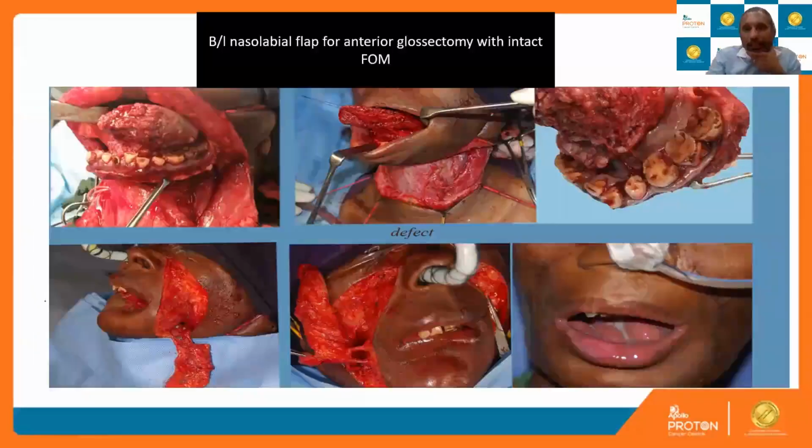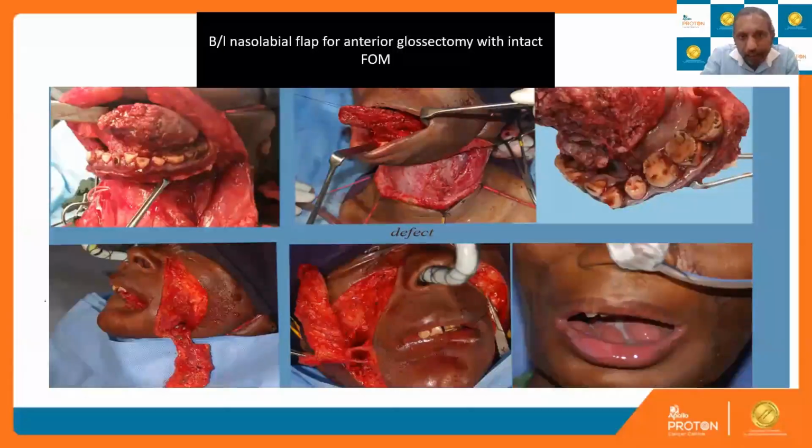And this is another example where I used bilateral nasolabial flaps to reconstruct almost a subtotal anterior glossectomy and a marginal mandibulectomy. As I told you, when you choose a flap, you should always consider the age of the patient, the nature of the tumor, resource constraints, and patient preferences and choices.